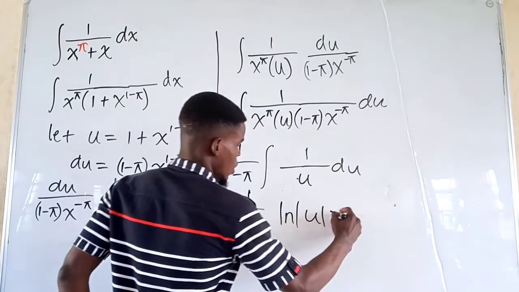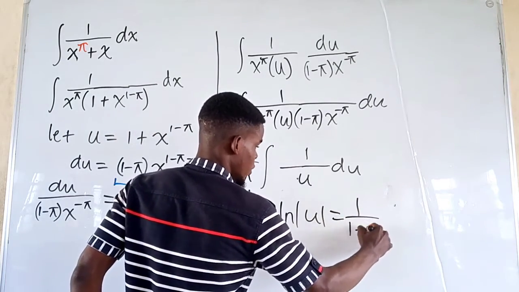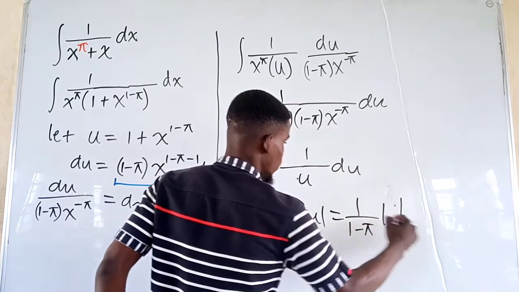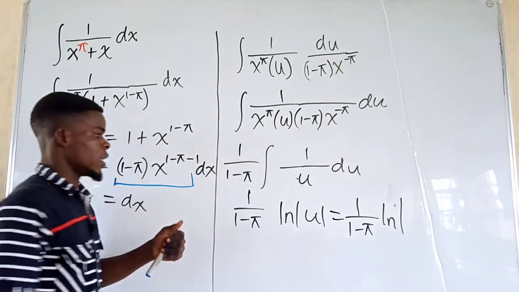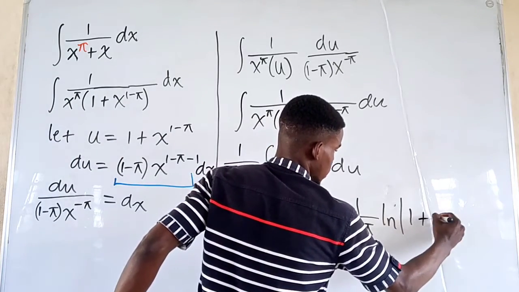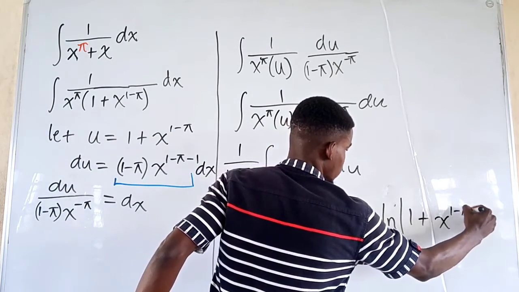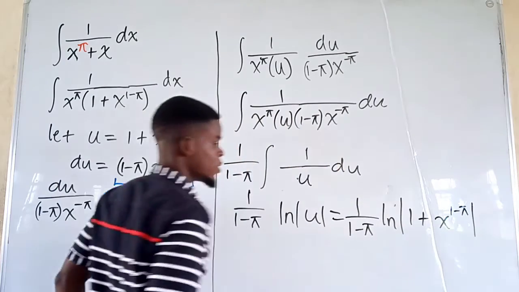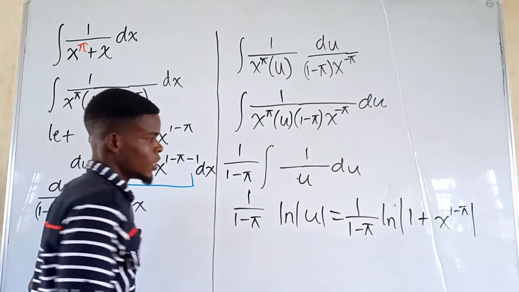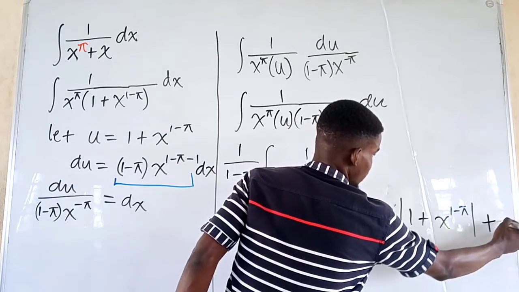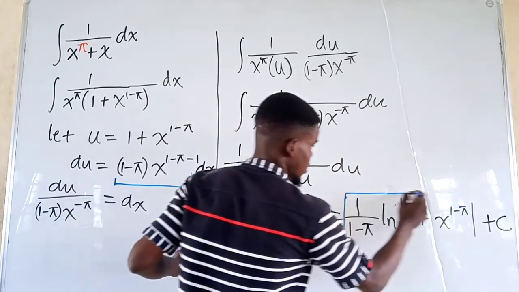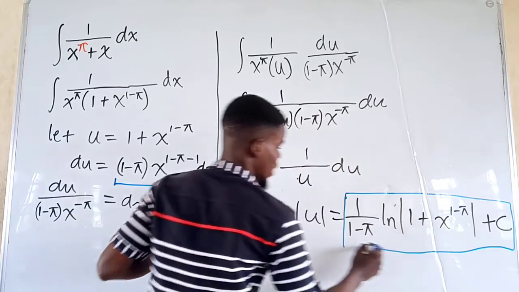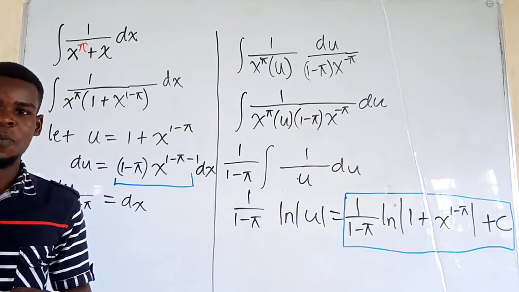This is going to be 1 divided by 1 minus pi times the natural logarithm of 1 plus x to the power 1 minus pi, that is 1 plus x raised to the power of 1 minus pi in place of u. And we are done integrating, so we can just add an arbitrary constant. And this right here is the antiderivative of that given function in terms of pi.